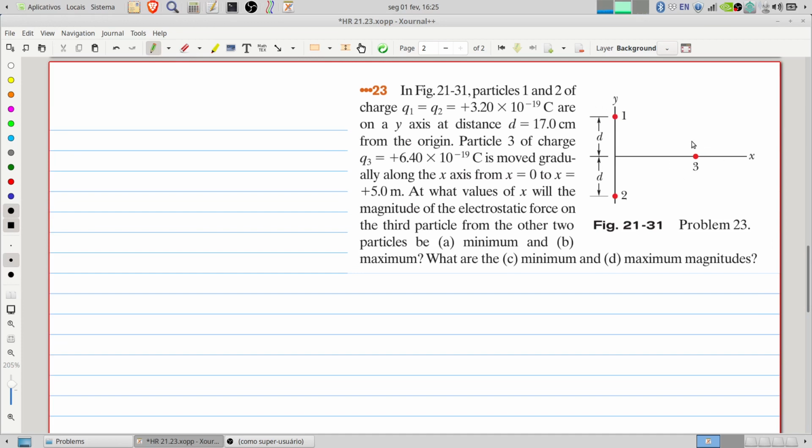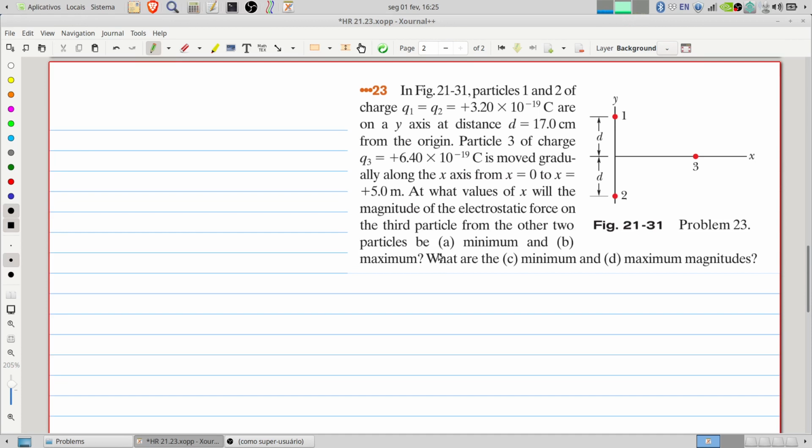Particle 3 of charge Q3 is moving gradually along the x-axis from 0 to x equals 5 meters. At what values of x will the magnitude of the electrostatic force on the third particle from the other two particles be A, minimum, and B, maximum? What are the minimum and maximum magnitudes? Okay.